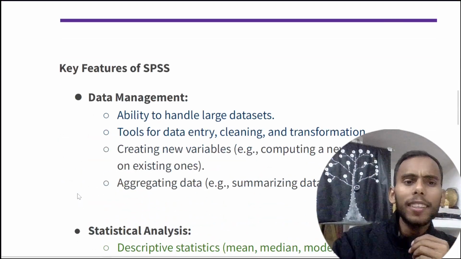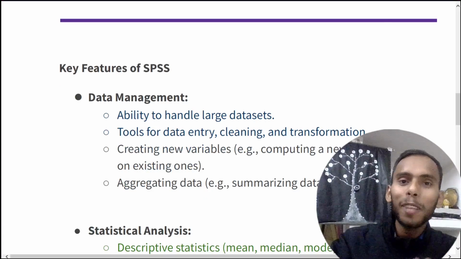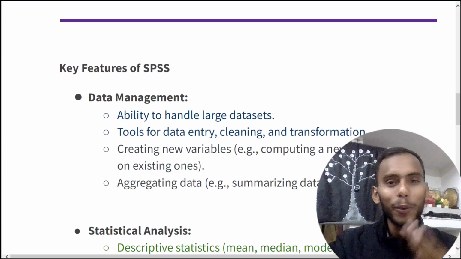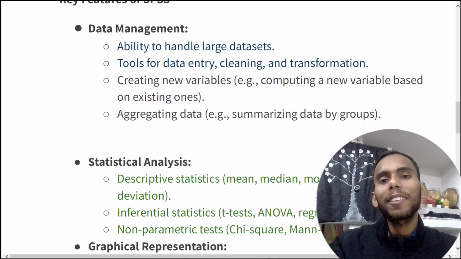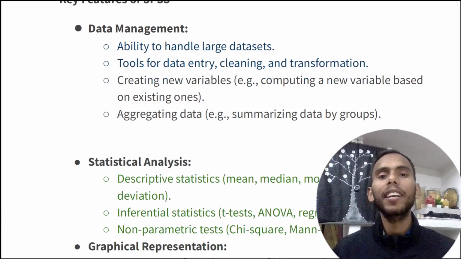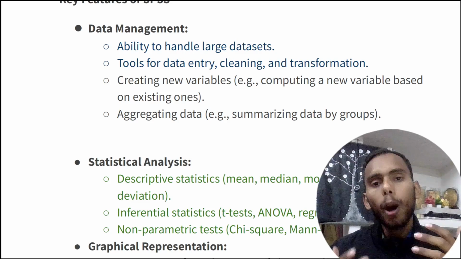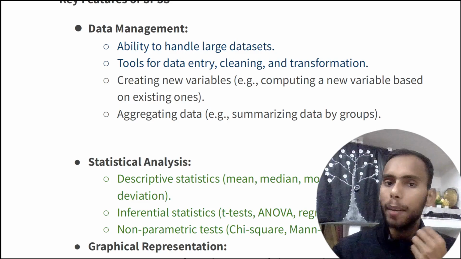So now let's talk about the key features of the SPSS software or SPSS statistical package, whatever you like to call it. Data management is one of the most important and key features because it has the capacity to process and analyze data sets of a really large amount.